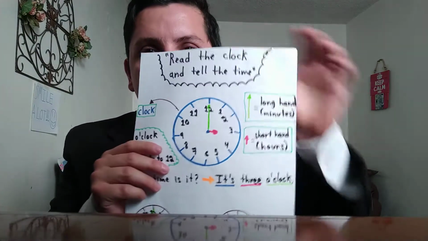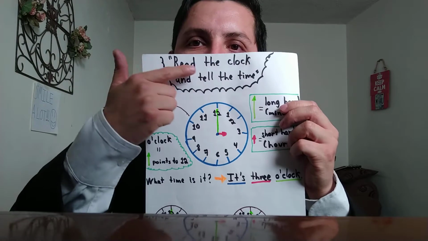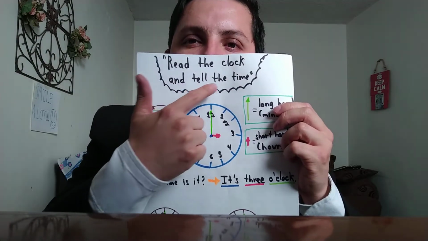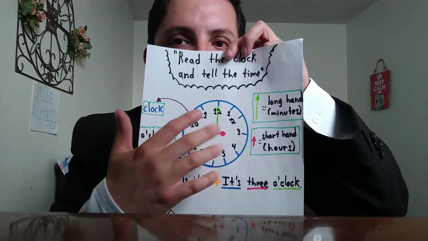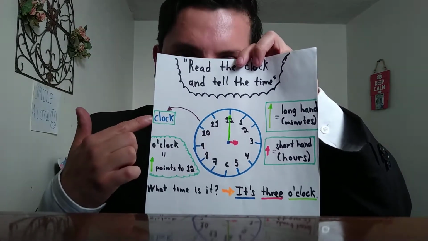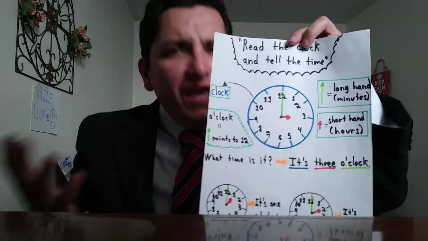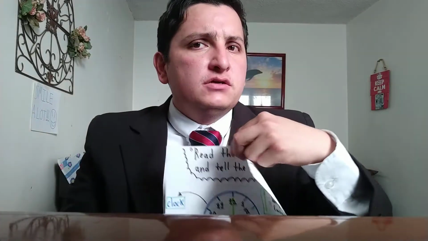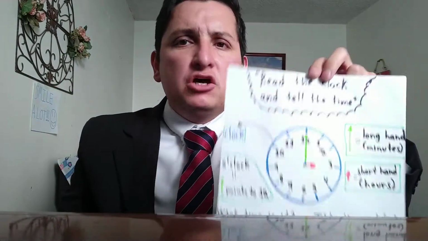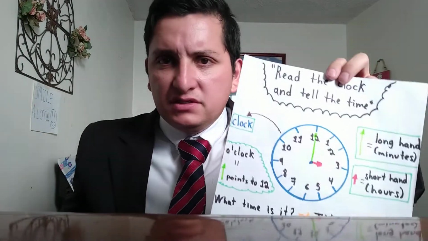Well, as I was telling you, today we're gonna learn how to read the clock and tell the time. Okay, as you can see here, this is a clock. Yes, we use a clock to know what time it is, to know the hour, what moments of the day we do certain activities.